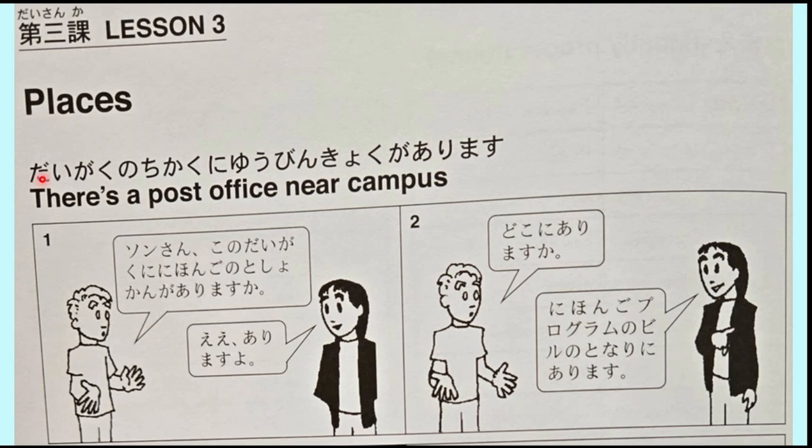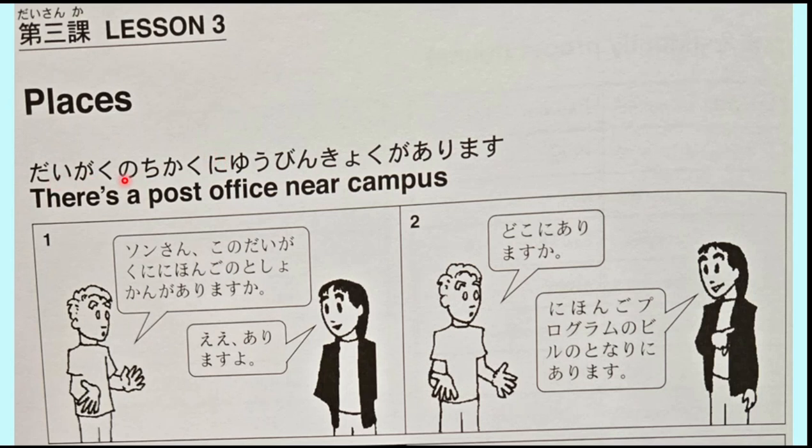You can see here, daigaku no chikaku ni yubin kyoku ga arimasu. We have already learned these components which I just read out. Daigaku means university. Daigaku no chikaku means near the university. And we use the ni particle when we talk about a place.